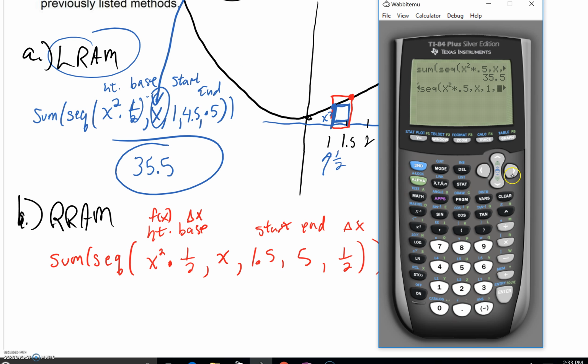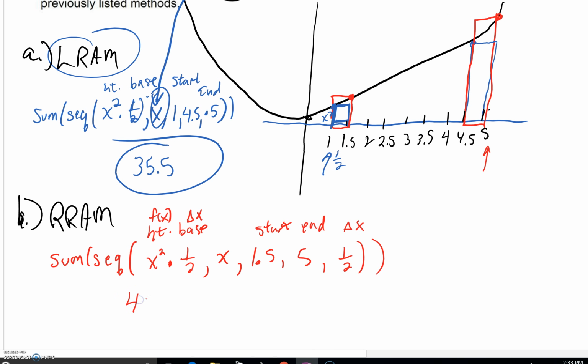Then you will have a 1.5. This is where I'm going to change it. I'm going to go 1.5 instead of 1. Now I'll type comma. The ending is just a 5. And then I'll say comma 0.5 to finish. Okay, we doing okay? Hit enter, and you get 47.5.